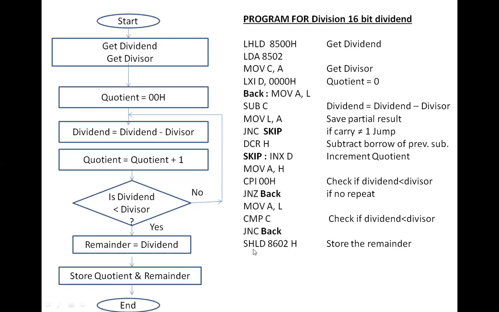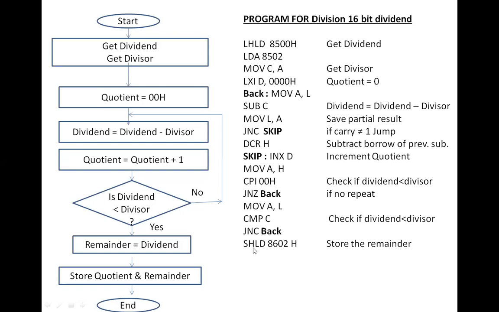H will contain 0, naturally, and L will contain the value which is less than the divisor. So whatever is the content of the HL pair will be considered as the remainder value. So we are going to store the content of the HL pair into 8602 and 8603. So 8602 will contain the content of the L register, and 8603 will contain the content of the H register.